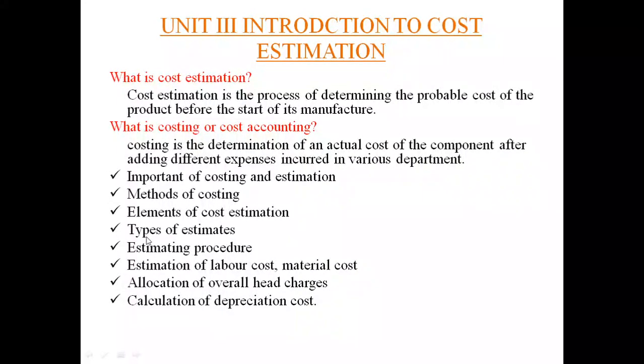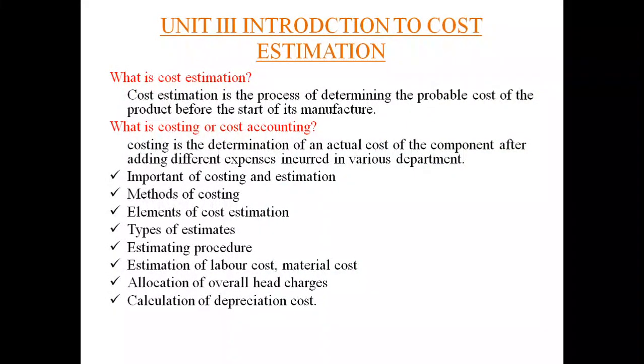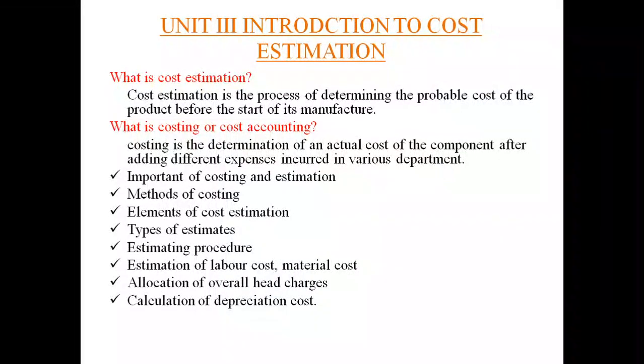What are the elements in cost estimation? Design cost, drafting cost, R&D cost, material cost, labor cost, inspection cost, tooling, jigs and fixture cost, and overhead cost. These are all the things we will discuss in this unit.